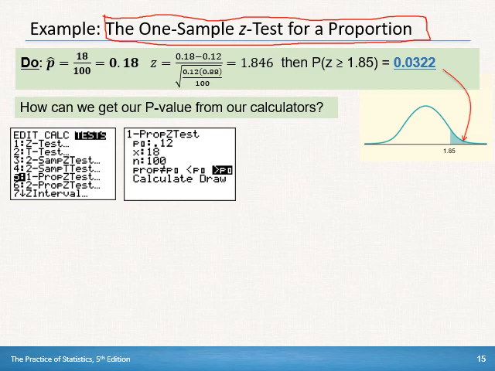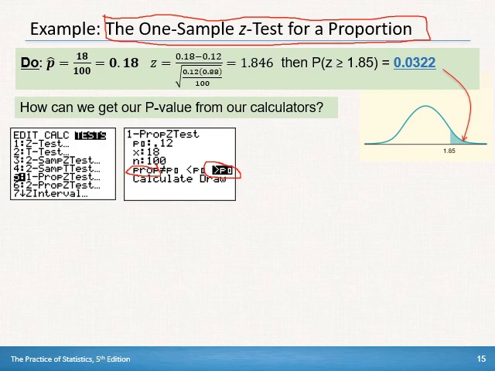And then it asks for the alternative hypothesis, with three options: not equal to, less than, or greater than p naught, which would be the 0.12.